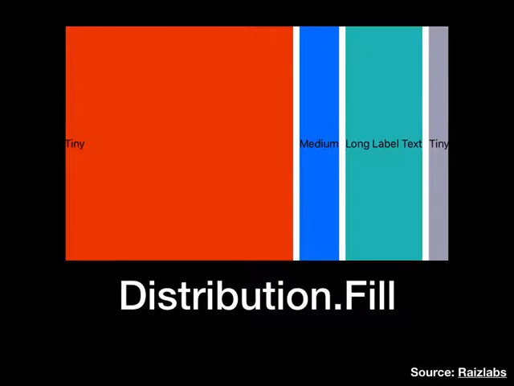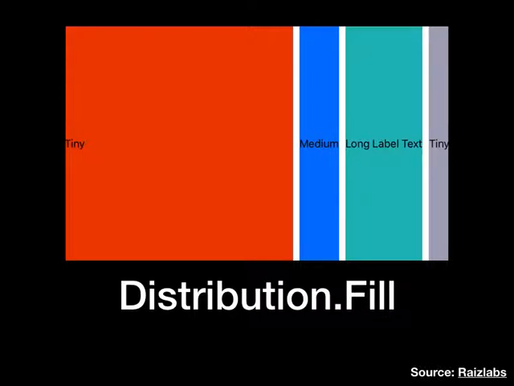And this comes into play with Distribution.Fill. If you remember, I mentioned that earlier when talking about distribution. At a very high level, it just fills each item by the amount, it tries to fill the space.